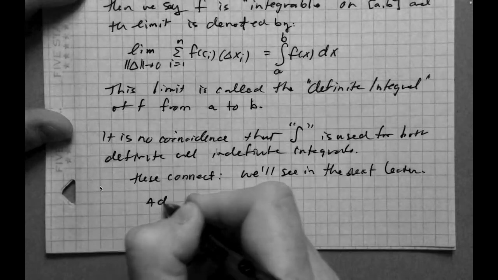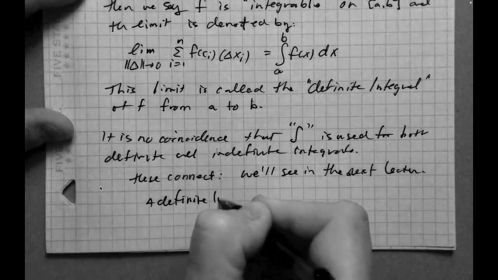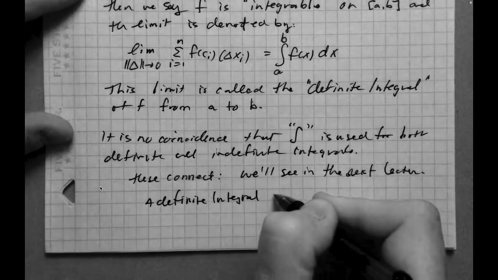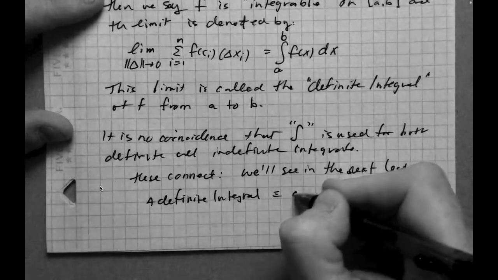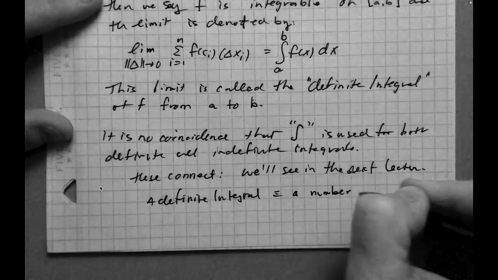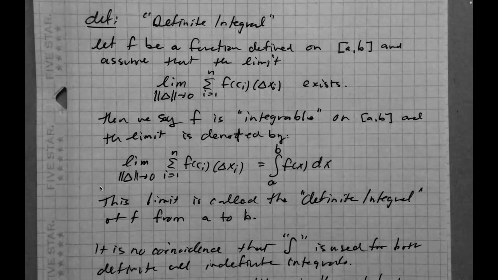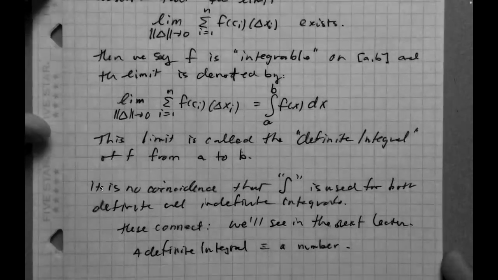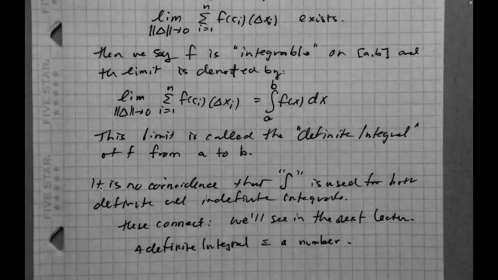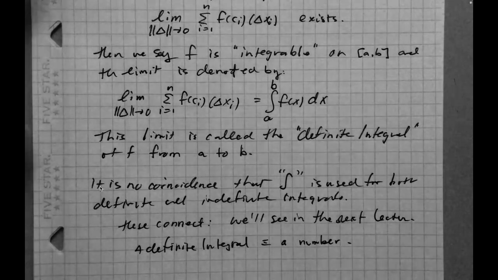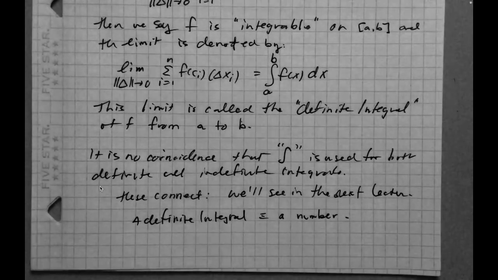So what is a definite integral? Well, it's a number. You're going to get some number out of this process, similar to the examples we did in the previous lecture where we calculated the area and then took the limit. We ended up with numbers like 5/6 or 2/3 or 8.4.